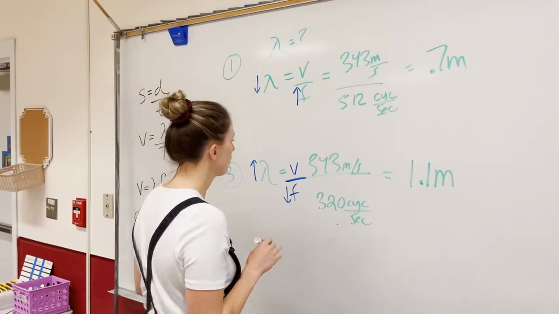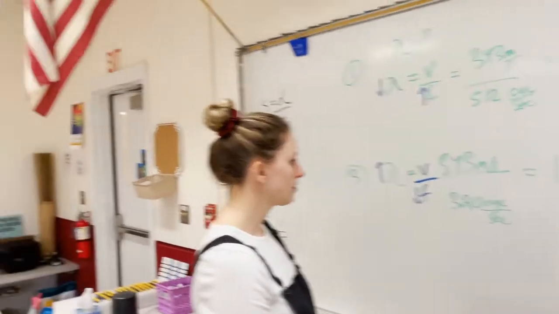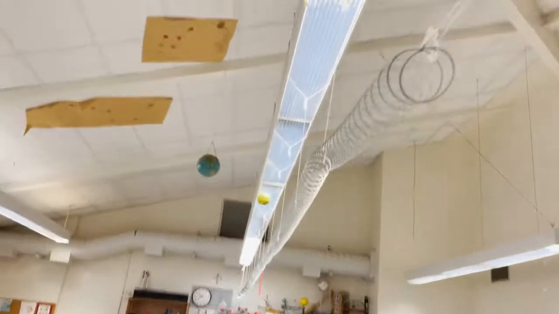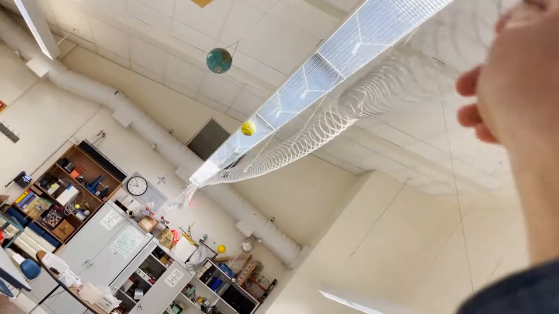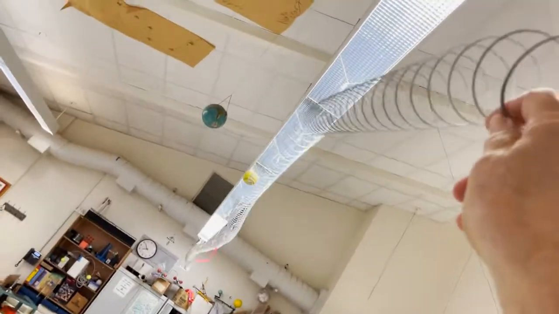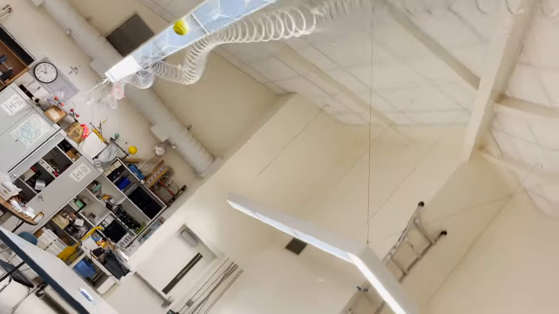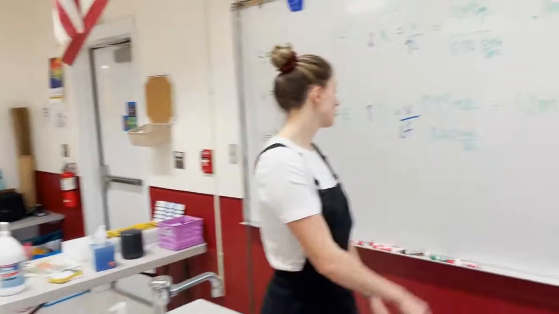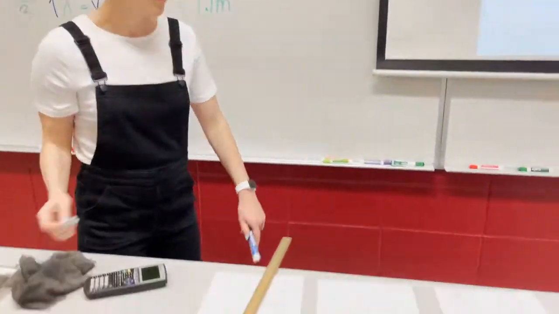Yeah, and we can see that when we're playing with the slinkies as well. Yes. That's the inverse relationship. If I have a low frequency, that is a long wave. If I have a high frequency, that's a much shorter wave. So it's between each of those crests.